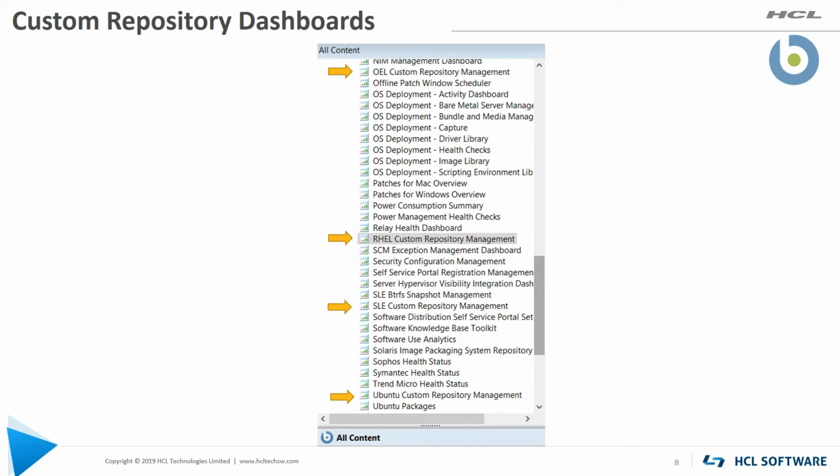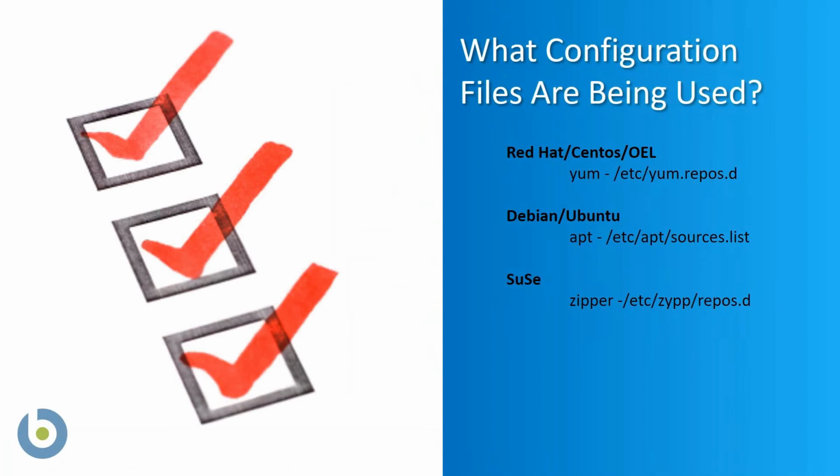BigFix provides custom repository dashboards for CentOS, Oracle Enterprise Linux, Red Hat, SUSE, and Ubuntu. If you don't see them in the All Dashboards view, be sure to enable the patching support site and subscribe endpoints to it. The dashboards are used to manage the configuration files associated with the different software packaging tools.